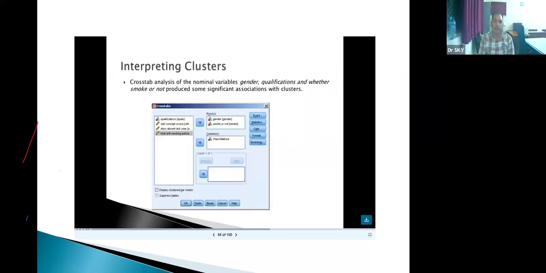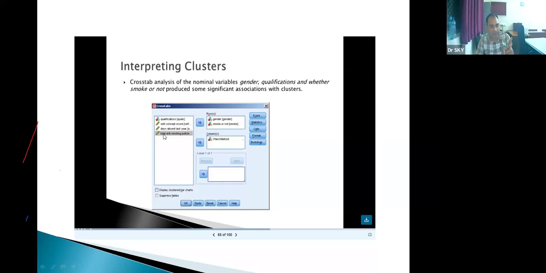Now, how to interpret the clusters? Cross-tab analysis of the nominal variables, gender, qualification, and whether smoker or not, to see if they produce some significant association with clusters.